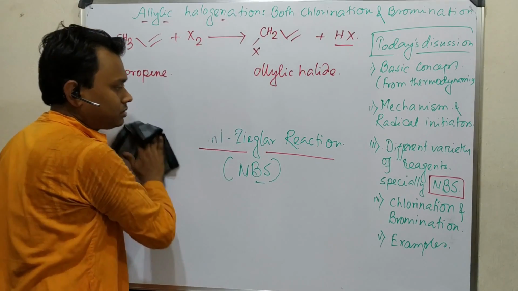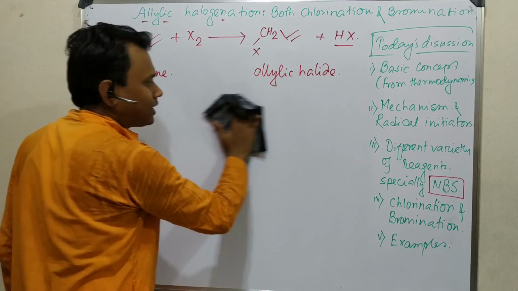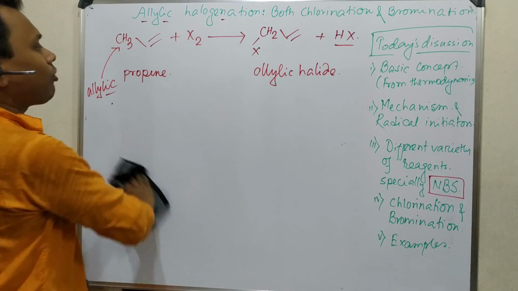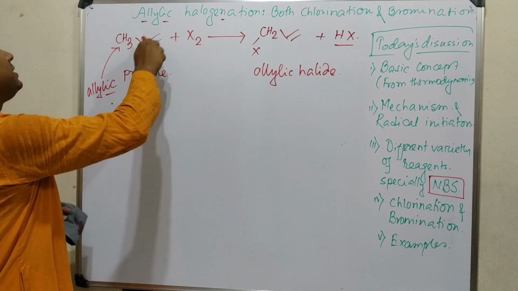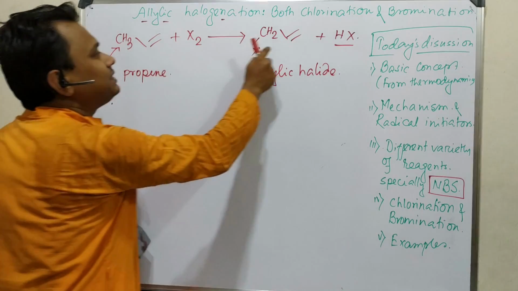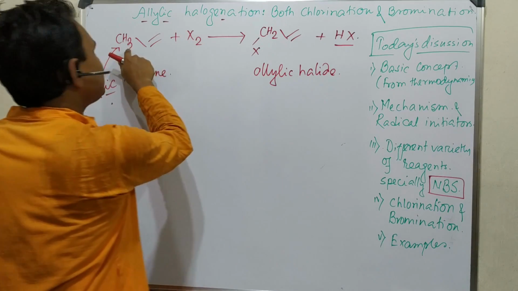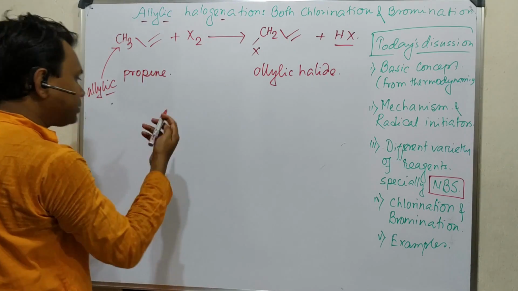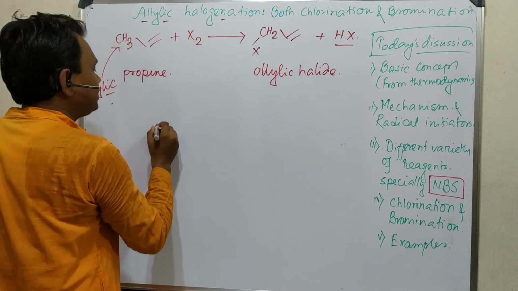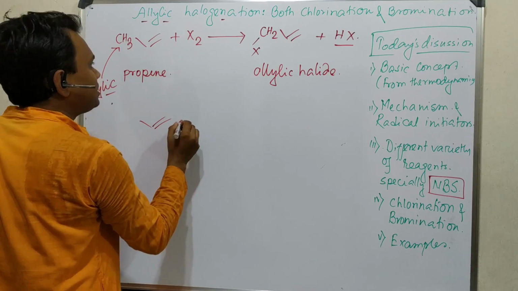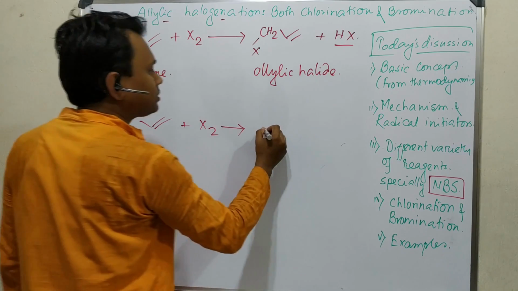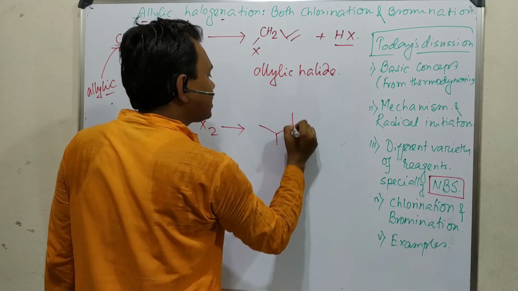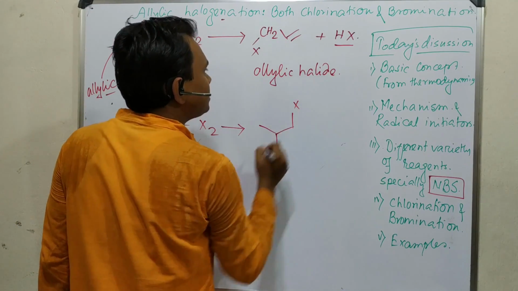This is the basic background introduction and the basic concept. We see that halogen is added at the allylic position, but we have previously read another reaction, for example X2 reacting with the alkene to give a product with X on each carbon.